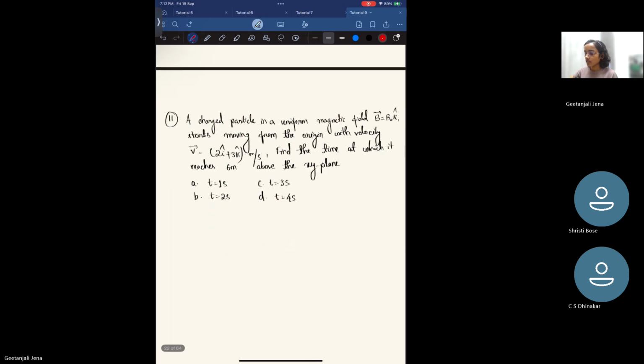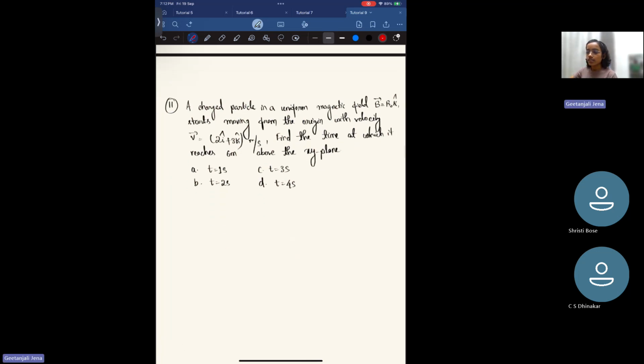Okay. So there is a charged particle in a uniform magnetic field. B is 0.0 k. It starts moving from the origin with a given velocity, V is 2i plus 3k.